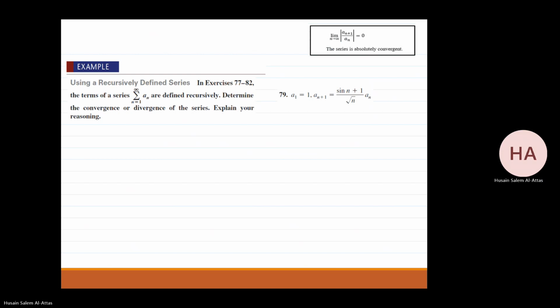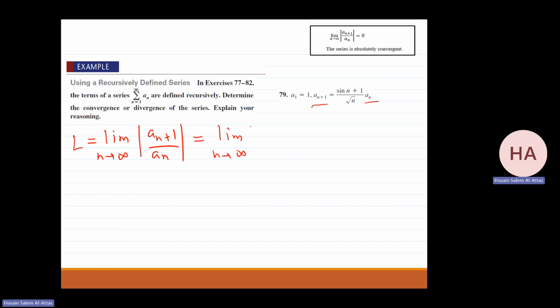Using a recursively defined series, you check whether this series converges or diverges. So let me do L. L will be the limit as n goes to infinity of a_(n+1) over a_n. This is recursively defined, so that will make it easy. The limit as n goes to infinity of what?